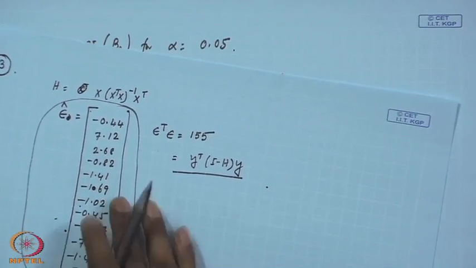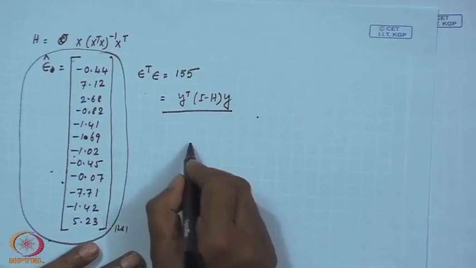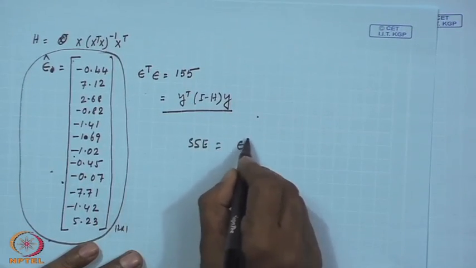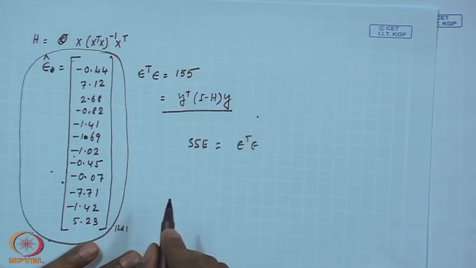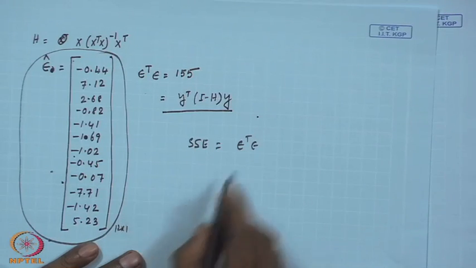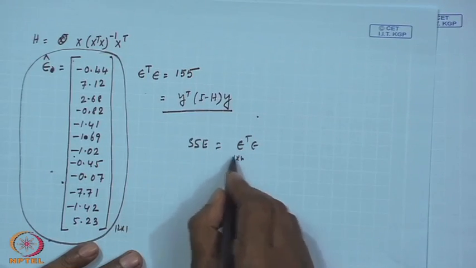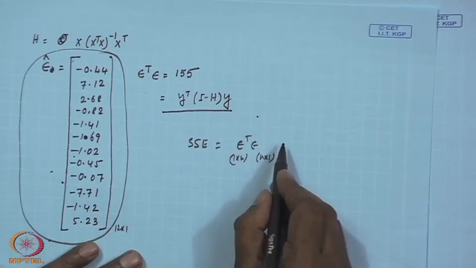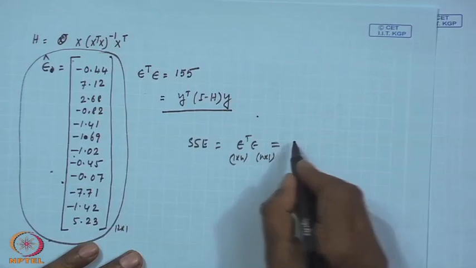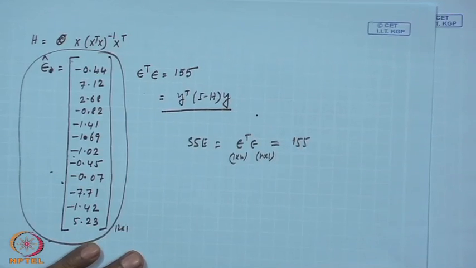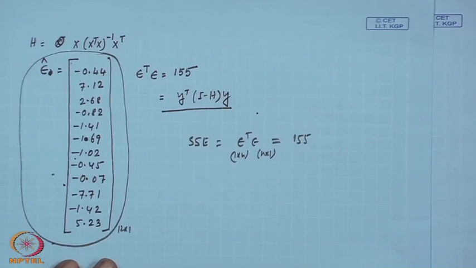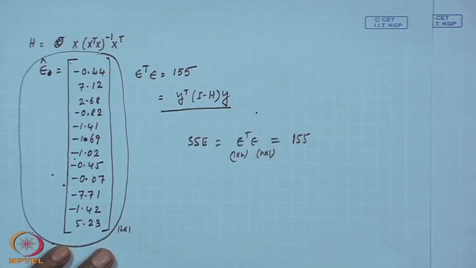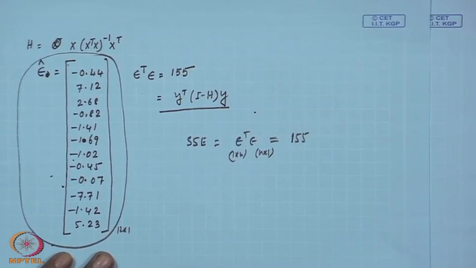Once you get this, that means you know SSE. SSE is epsilon transpose epsilon. So, it will be 1 cross n, n cross 1, that one value. This value, if you compute, will be coming around 155. Because of rounding error, there may be some error here and there, but it will be around 155.